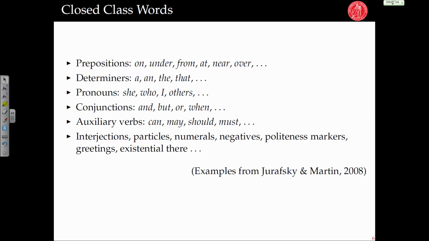So we use determiners, for example, in front of nouns, to denote whether a noun is definite or indefinite, etc. We use conjunctions like and to put two phrases together to make a complex linguistic construction. Pronouns are used as shorthands for nouns. So you say a noun and then you start using a pronoun to refer to that noun, etc.